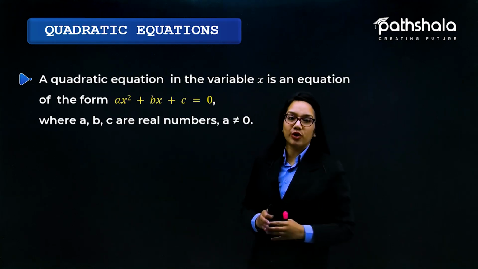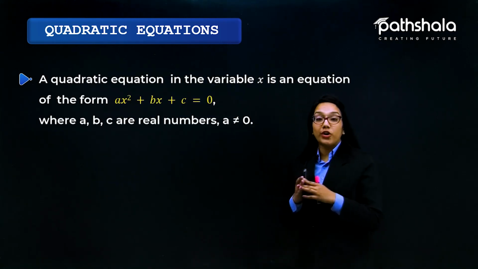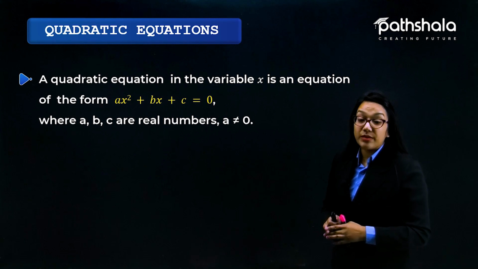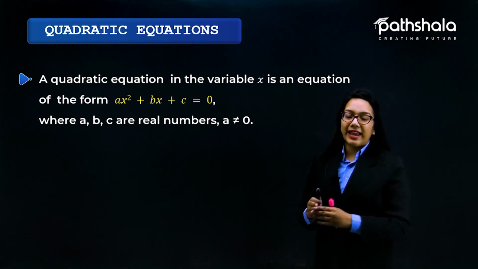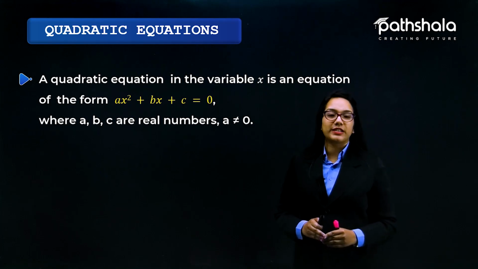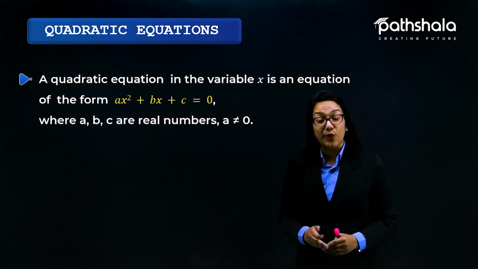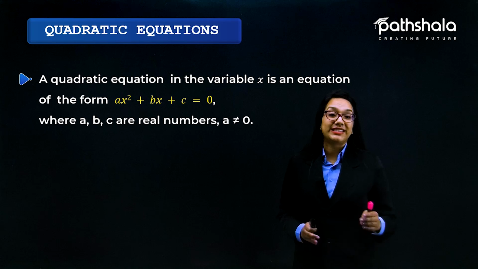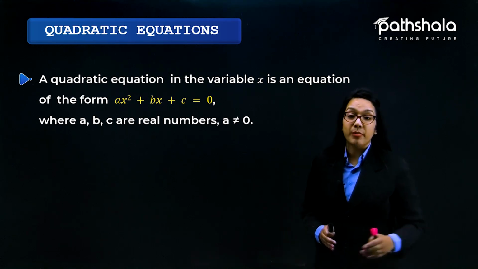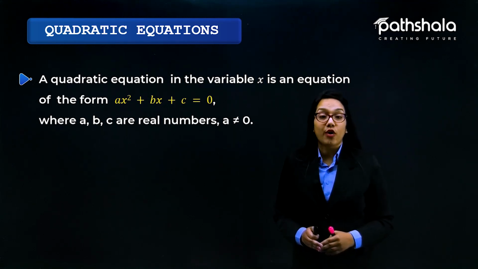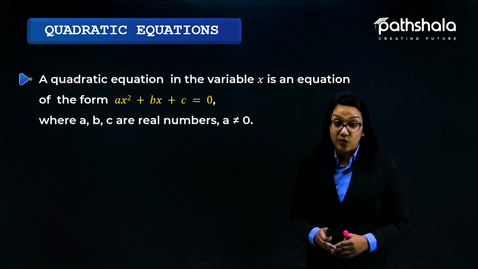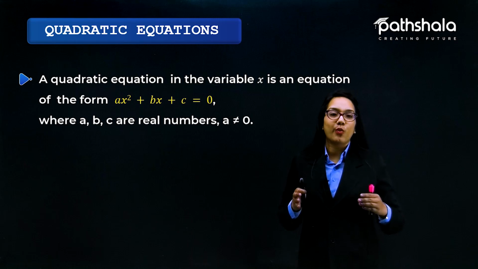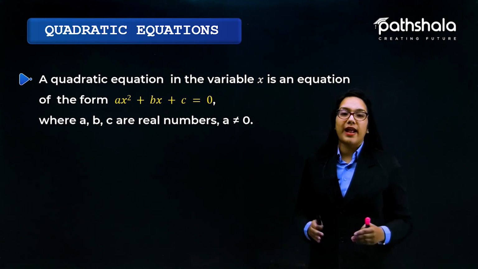The definition is: a quadratic equation in the variable x is an equation of the form ax square plus bx plus c is equal to 0, where a, b, c are any real numbers with the condition that the coefficient of x square, which is a, cannot be equal to 0. Such an equation is called a quadratic equation.